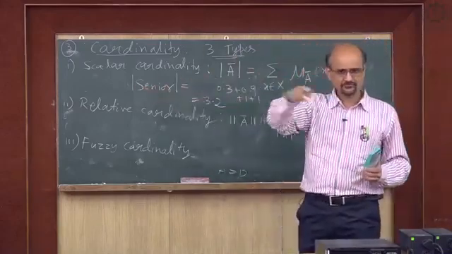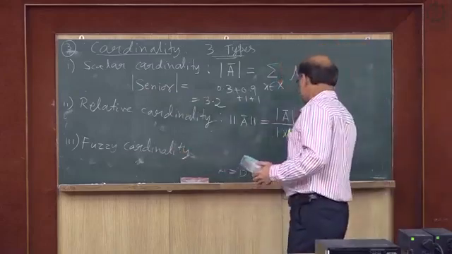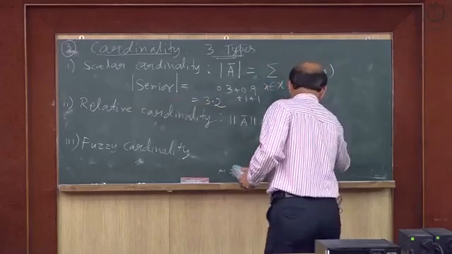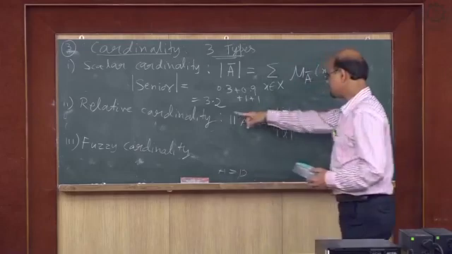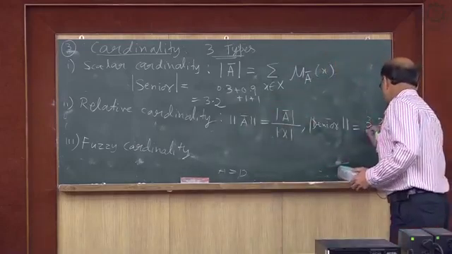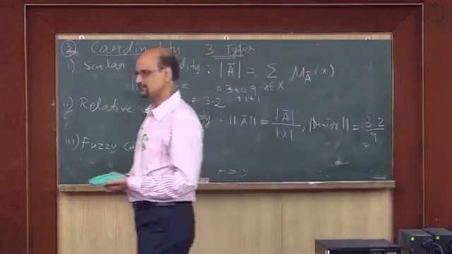How many, 5, 15, I think 9 should be there, 9. So, for this example senior, what is the relative cardinality? It will be 3.2 divided by 9, whatever you get, that is your relative cardinality.